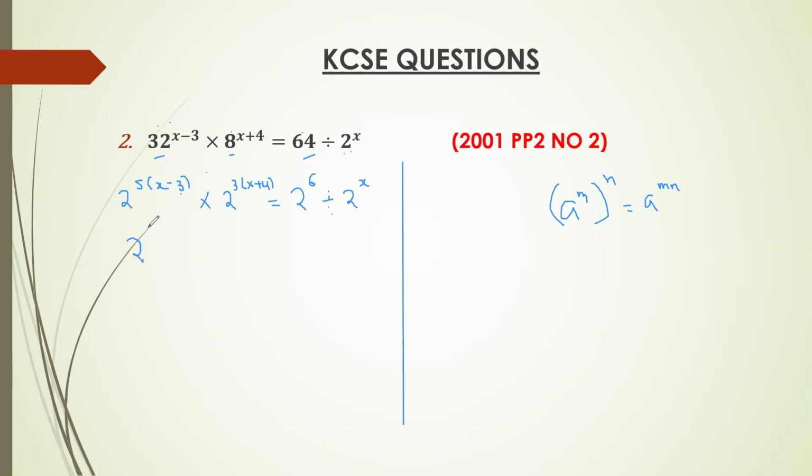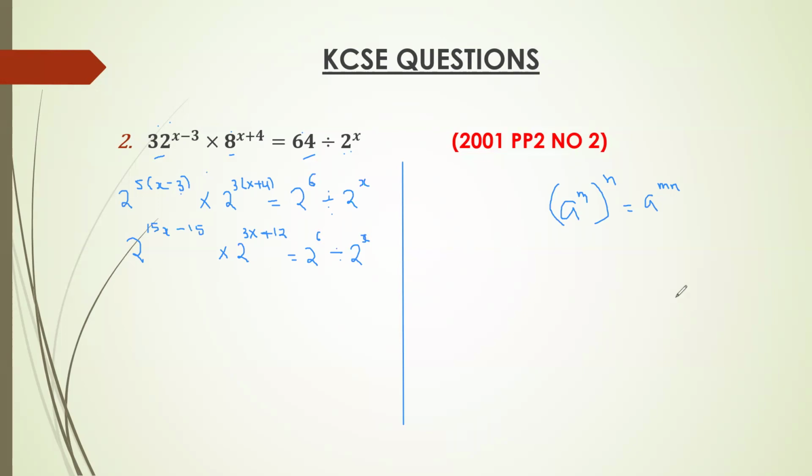So itakuwa ni 2 power 15x. 5 times x ni 15x, minus 15, times 2 power 3x plus 12, equal to 3 times 4 ni 12, 2 power 6 divided by 2 power x.